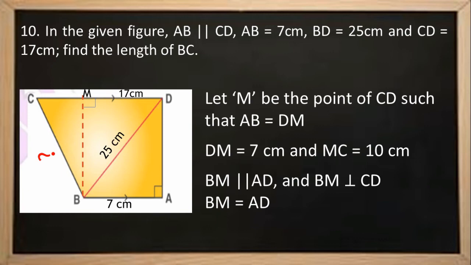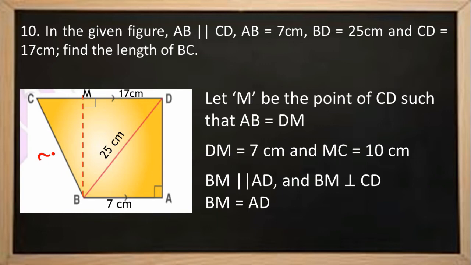Once the line BM is joined, please observe the diagram. DM is 7 cm because that is equal to AB. So the complete line CD is 17. If MD becomes 7 cm, the remaining part MC is 10 cm.